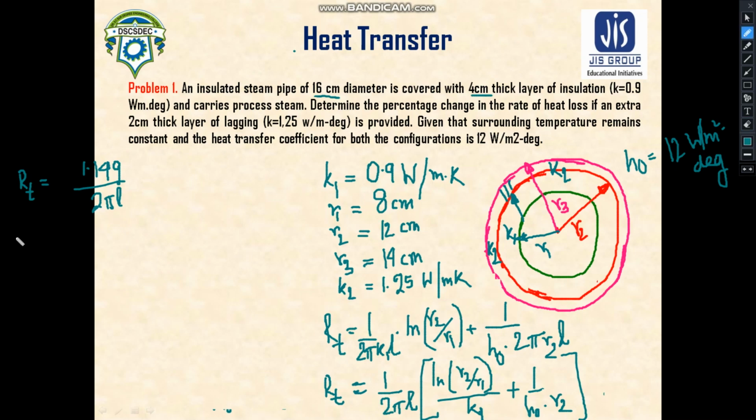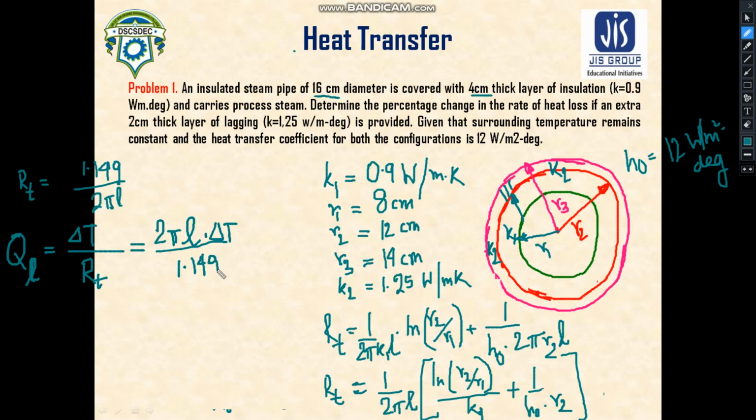And you know heat loss. Heat loss can be written as the difference in temperature divided by the sum of thermal resistance. So you can write this formula as 2 pi L into delta T divided by 1.149.